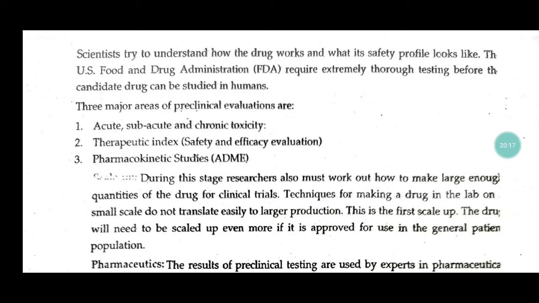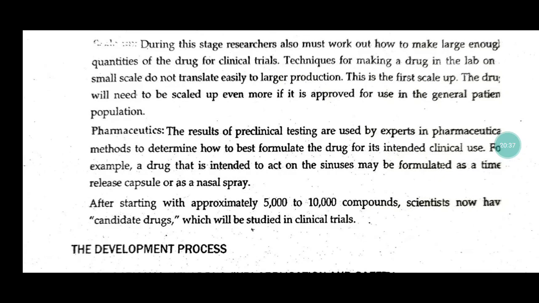Techniques for making a drug in the lab on a small scale do not translate easily to larger production. So this is the first scale up; the drug will need to be scaled up even more if it is approved for use in the general patient population.